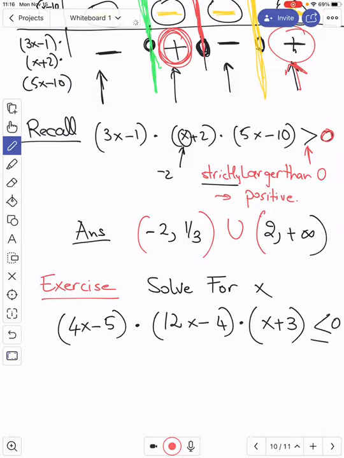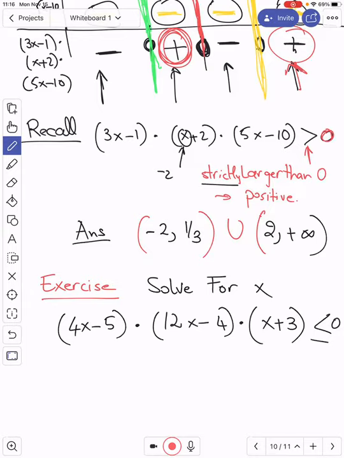So this is a polynomial, of course, because when you distribute, it's a polynomial of degree 3. x times x times x, that would be x cubed. So this is a polynomial of degree 3. All right, so I'm going to give you a couple of minutes, guys, to solve this polynomial inequality.